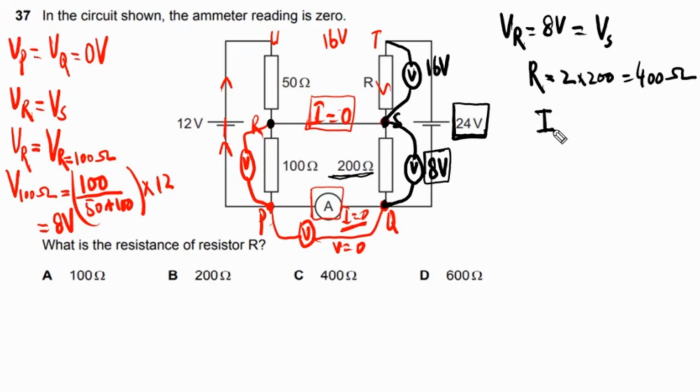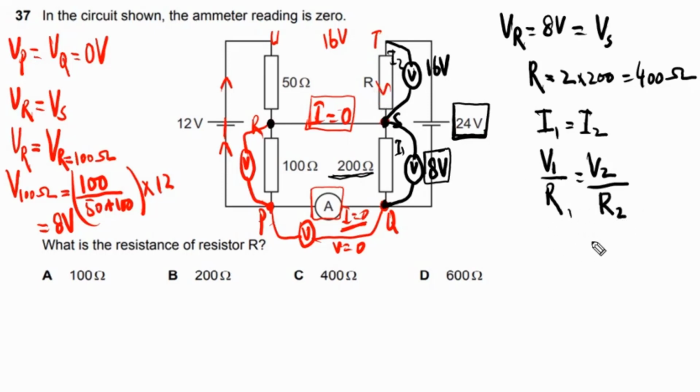As you can see, let's say the current passing through the 200 ohm resistor is I1, and the current passing through R is I2. In this case, I1 is equal to I2. So the potential difference across the 200 ohm resistor, V1, divided by its resistance has to be equal to the potential difference across resistor R divided by the resistance of R. Let's say that resistance is R2.